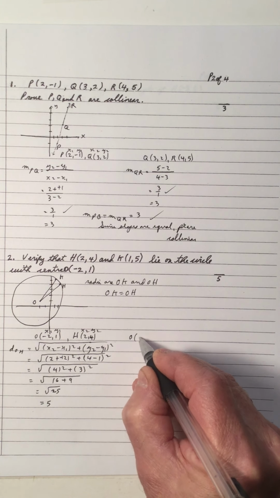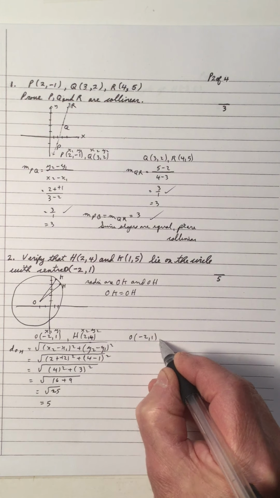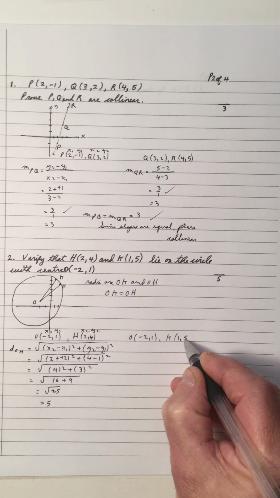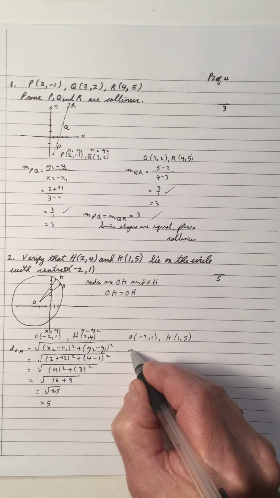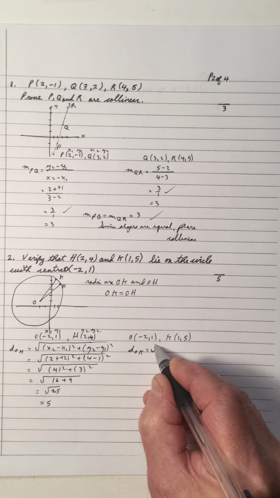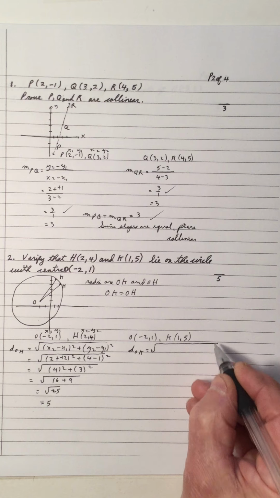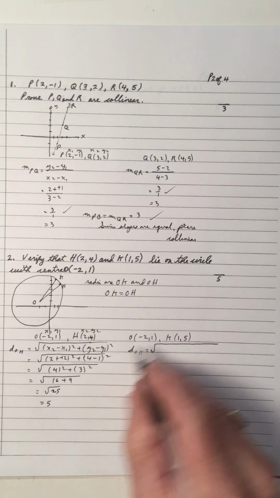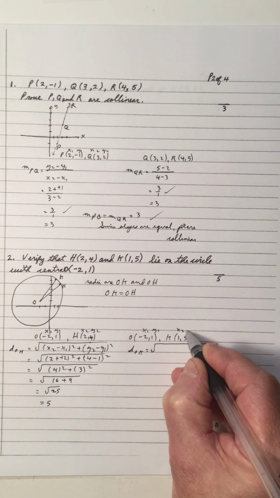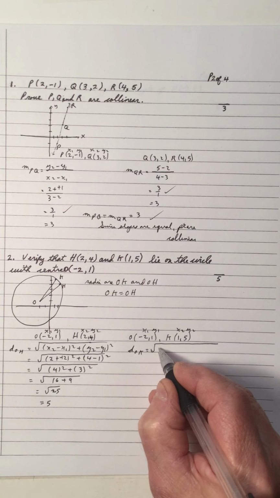So now let's do O, which is (-2, 1), and we'll do K, which is (1, 5). And again, the distance OK is the distance formula. So this is x1, y1, x2, y2.